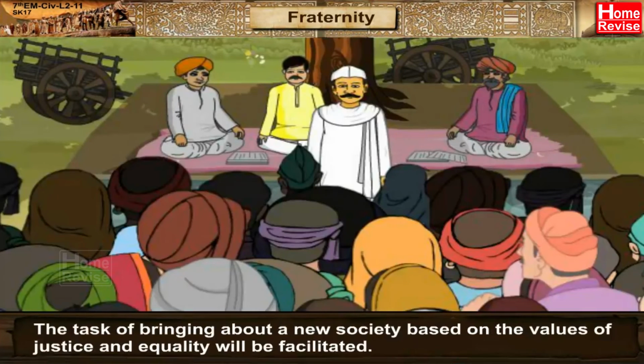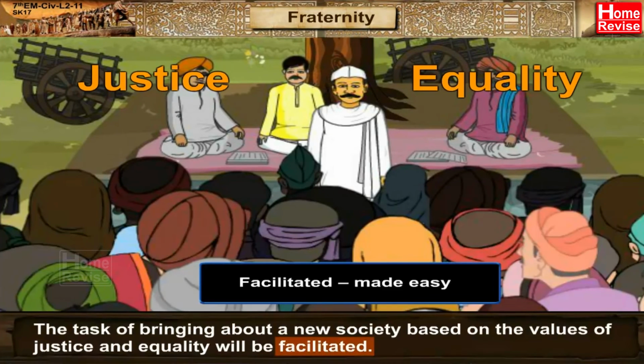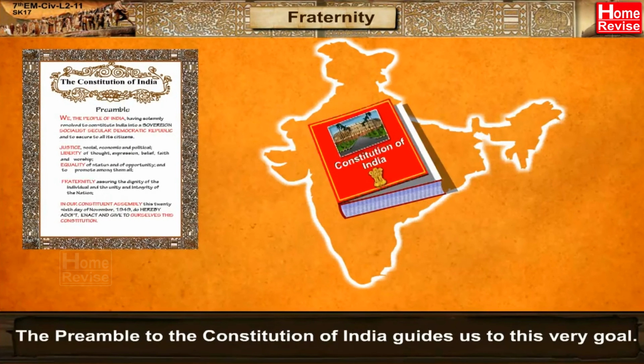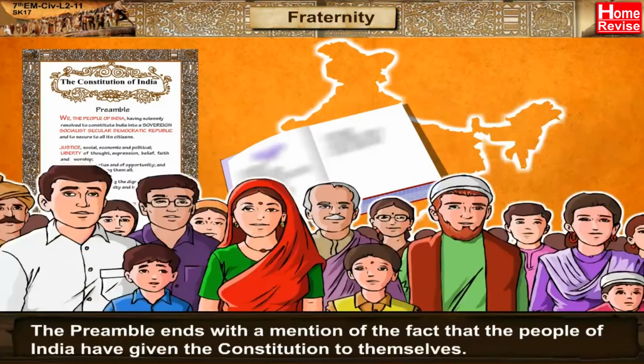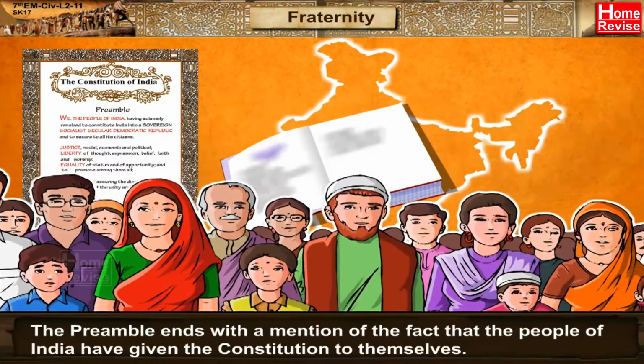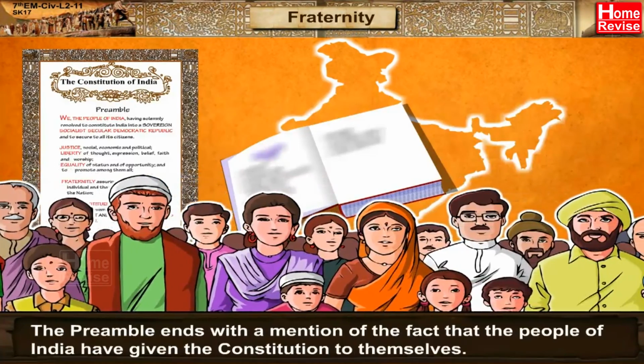The task of bringing about a new society based on the values of justice and equality will be facilitated. Facilitated means made easy. The preamble to the Constitution of India guides us to this very goal. The preamble ends with a mention of the fact that the people of India have given the Constitution to themselves.